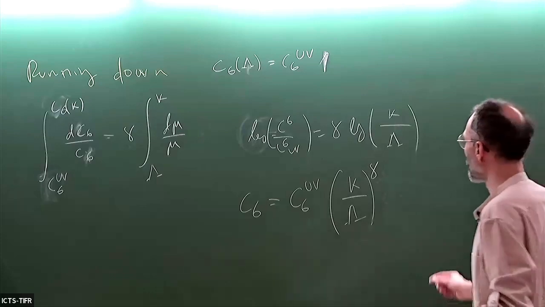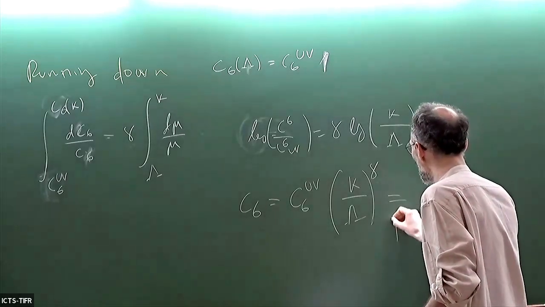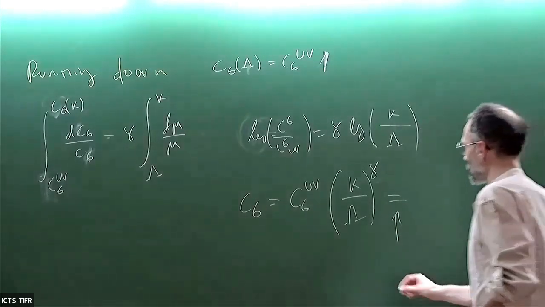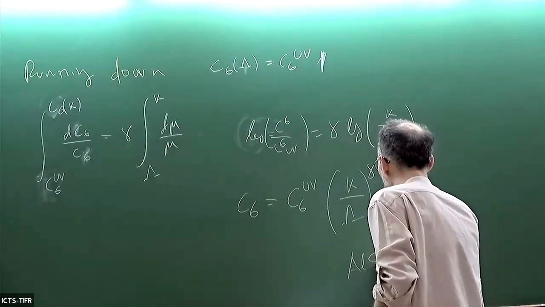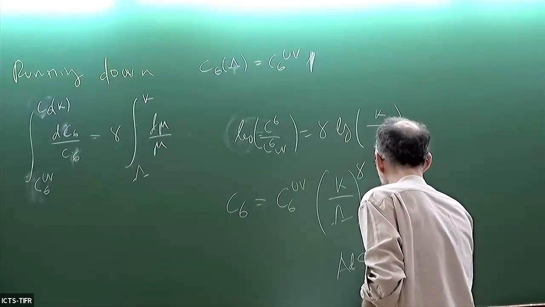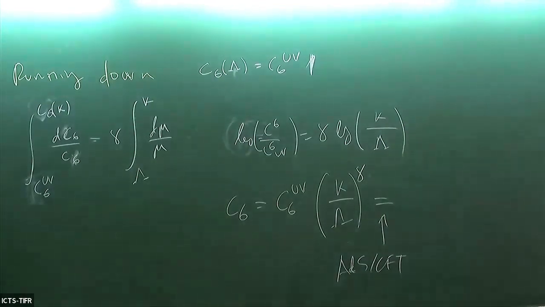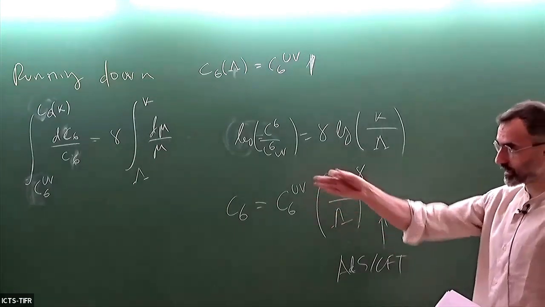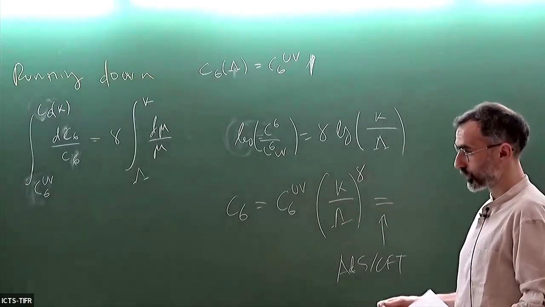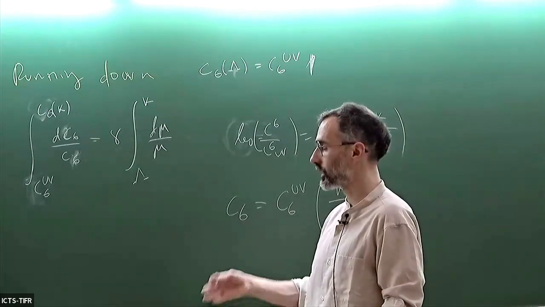And I can do a bit more if I want to connect this to, say, we didn't have time to go through this in the lectures, but the AdS EFT connection gave us the C6 operator only. And we've seen that this C6 is only produced at the renormalized loop level.